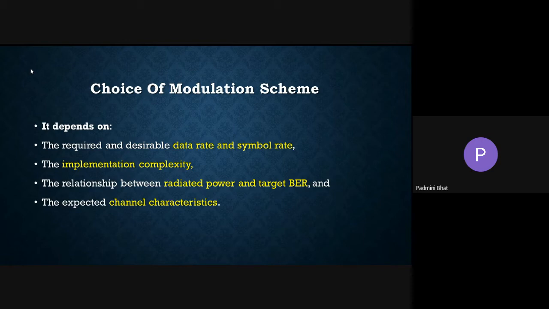So how to give the supply and how to troubleshoot if any problem occurs, all these come into picture. How compact my chip would be. Those are some of the requirements which we need to take care of while designing the modulation scheme.